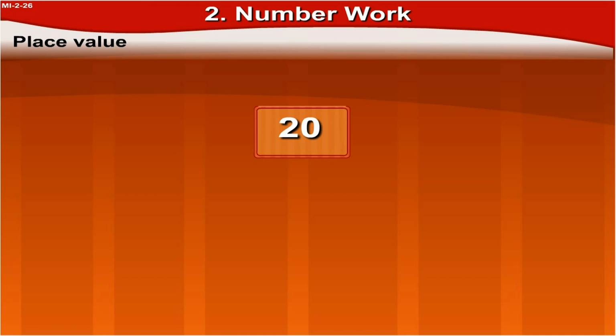Place value of 0, that is underlined, is 0. 305. Here 5 is underlined. Place value of 5 is 5 itself. 480. 4 is underlined. Place value of 4 is 400. Now lastly, 32. Place value of 3, which is underlined, is 30.